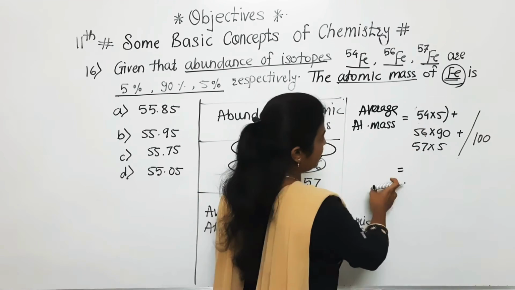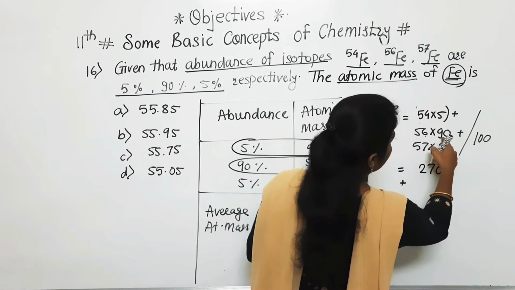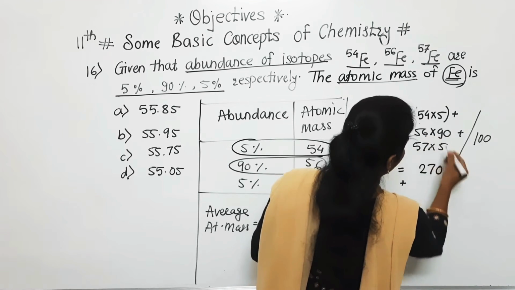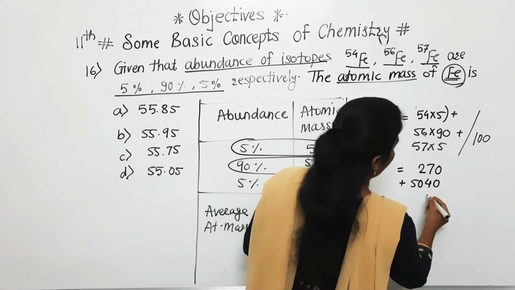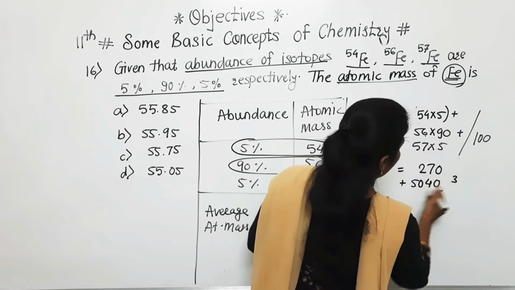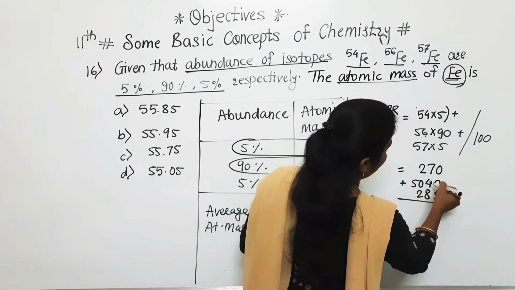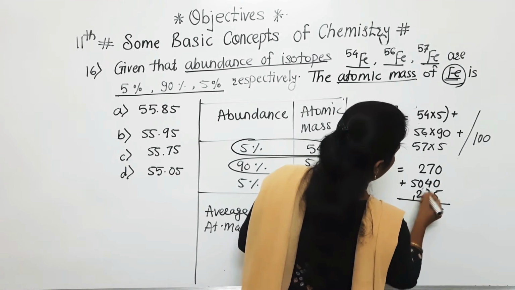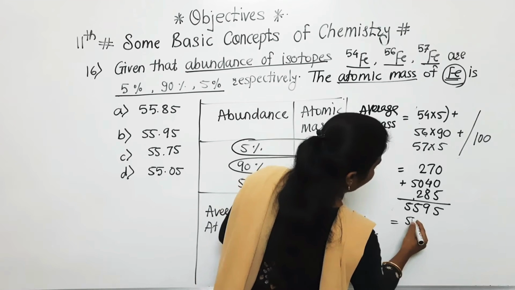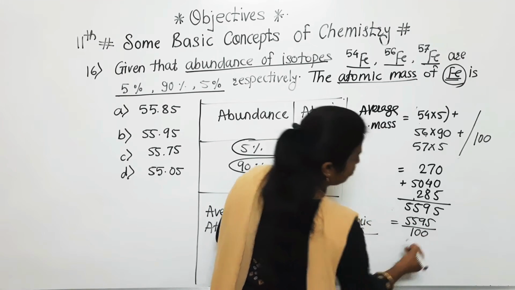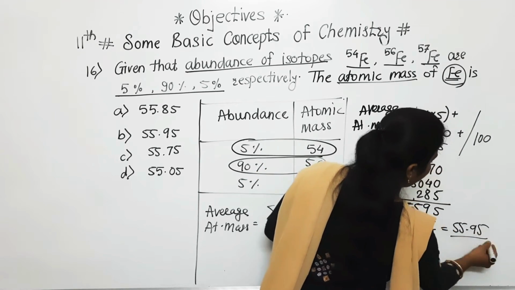If we calculate, it will be 270 plus 5040, and 7 5s are 35, 5 5s are 25, so 285. Adding these, we get 5595. Then we have to divide by 100, so the decimal shifts two places, and 55.95 will be the answer.